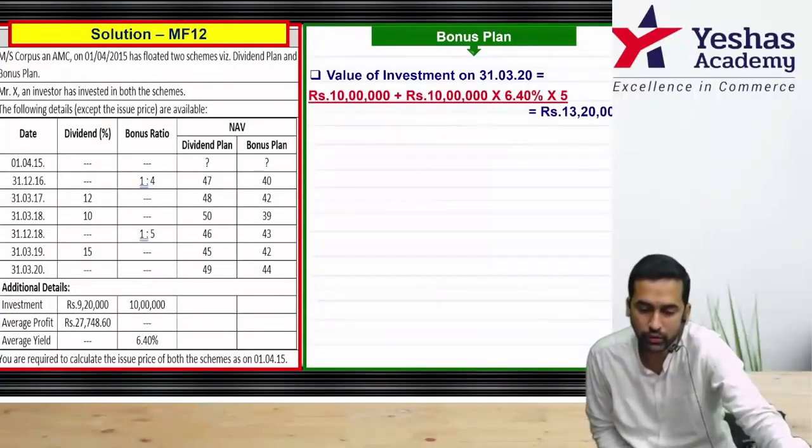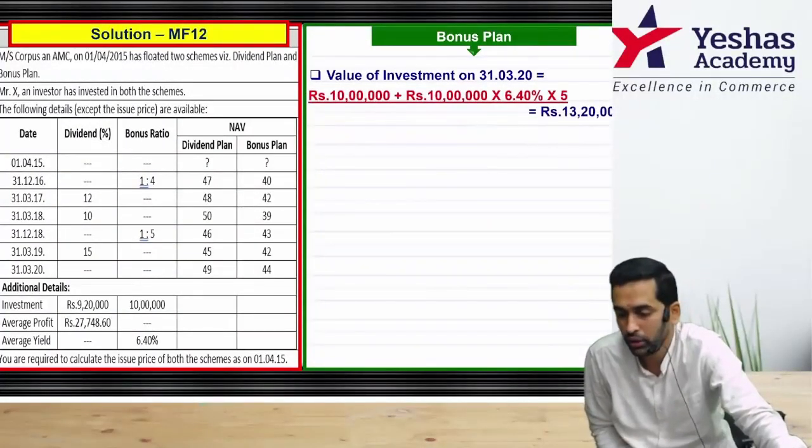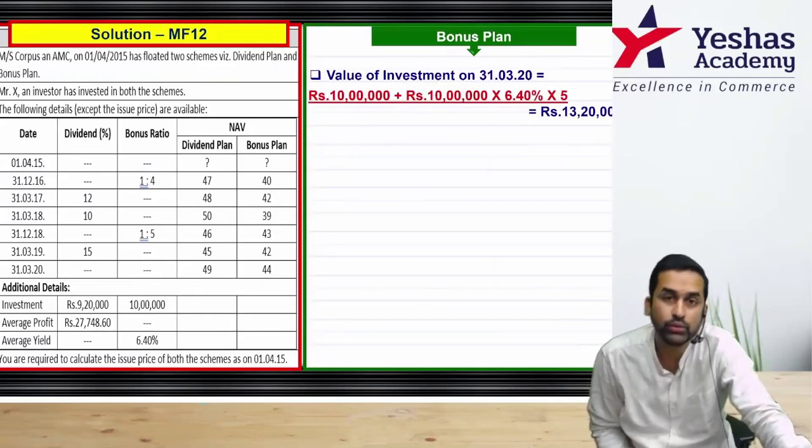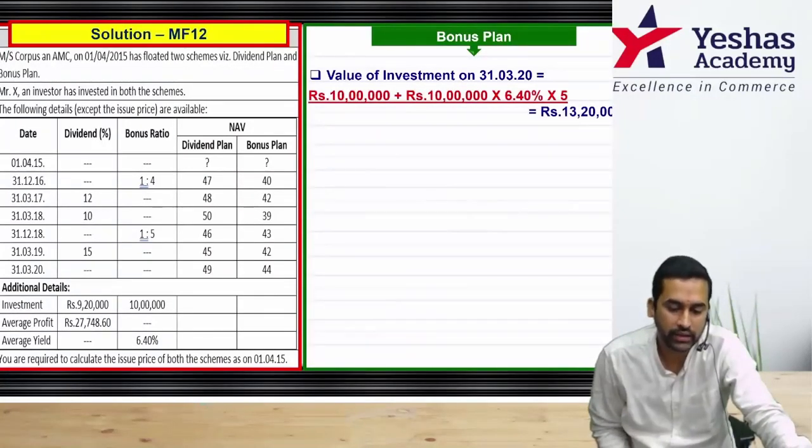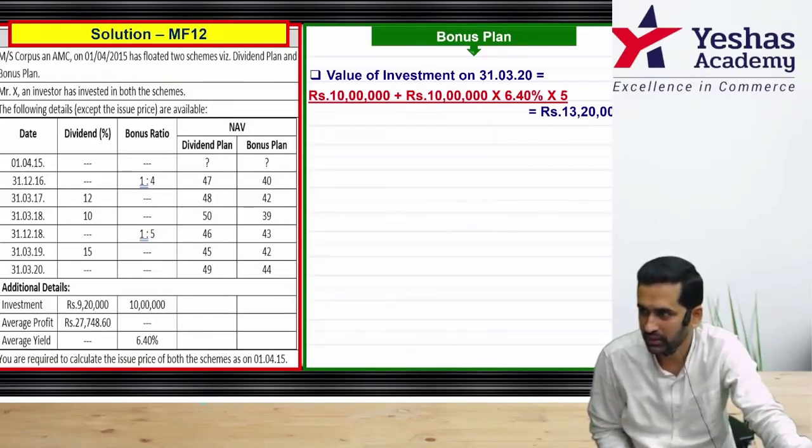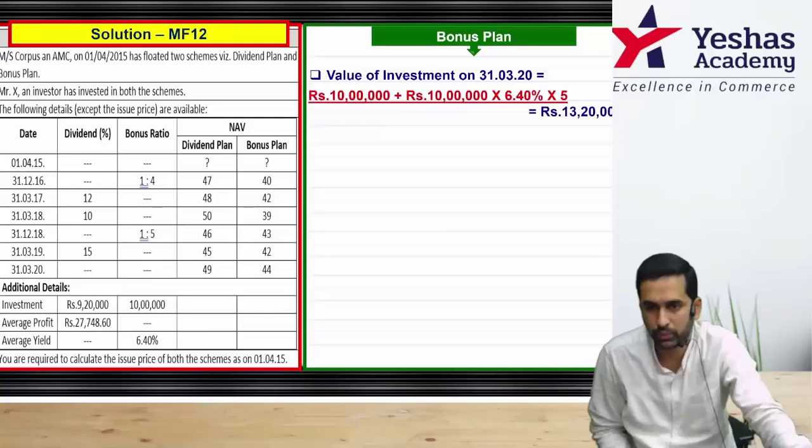Please start. Value of investment on closing day is equal to, he invested 10 lakh plus, as per the question, annual yield is 6.4% for 5 years, and rate of return is always on initial investment, so it is 10 lakh into 6.4%.